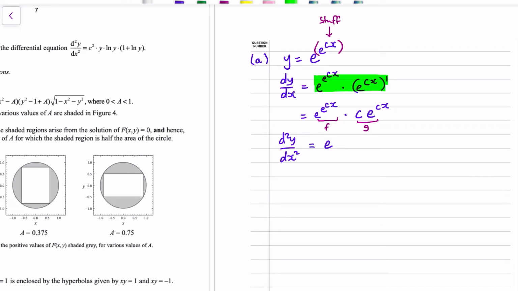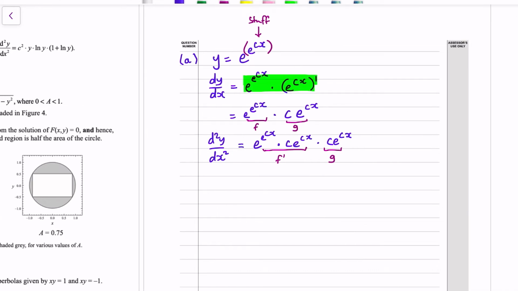And so that's going to go e to the cx times c e to the cx multiplied by c e to the cx again. That there is f dash. That there is g, and then g dash f, c squared e to the cx multiplied by e to the cx. That there is g dash, and that there is f. So all we've done there is applied the product rule.